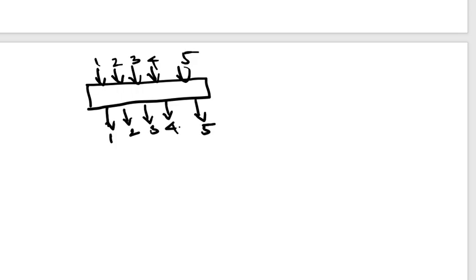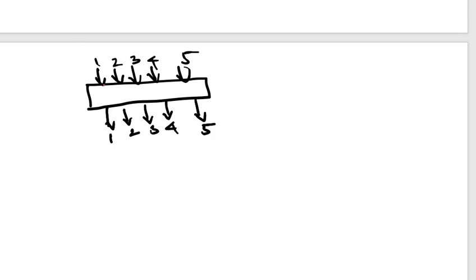Let's explain with a diagram. Here we have n bits, n equal to 5: 1, 2, 3, 4, 5, and the output also 1, 2, 3, 4, 5. In this diffusion box, the positions will be rearranged.